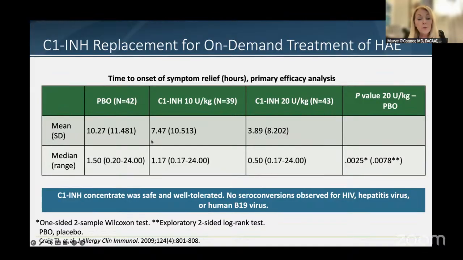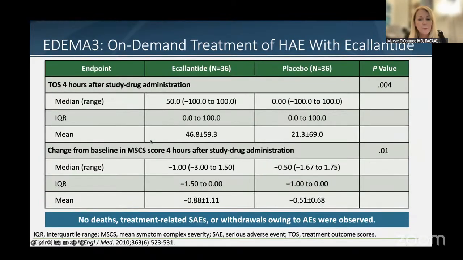And interesting to note is the favorable safety profile. There were no seroconversions. There was no transmission of bloodborne viruses. And this was a big concern at that time. And so this study really showed that this was a safe treatment and also effective. And C1 inhibitor remains a trusted and widely used option for on-demand treatment. I use it in my patients.